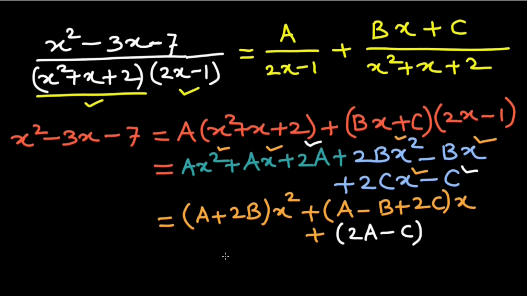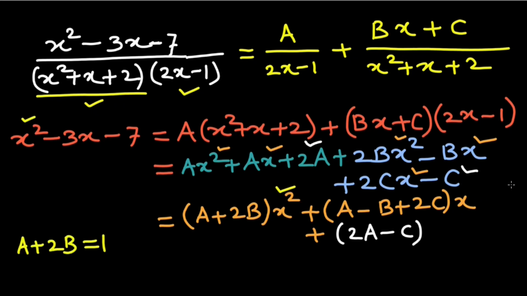Now we will equate the coefficients of the like terms on both the sides and write the equations. First we will equate the coefficients of x square and write a plus 2b equals 1.